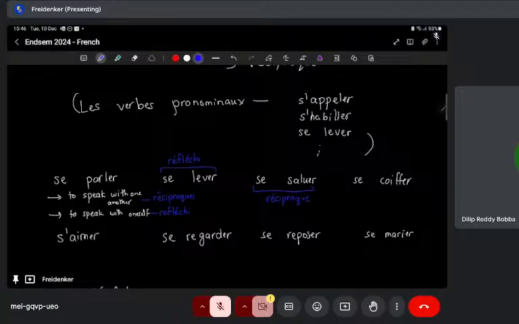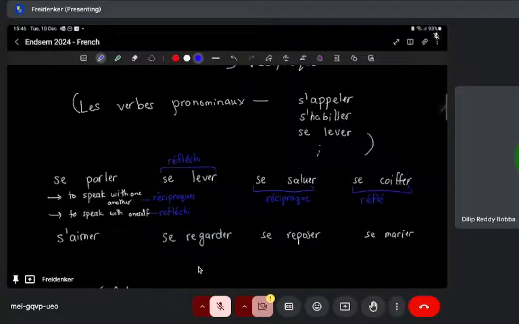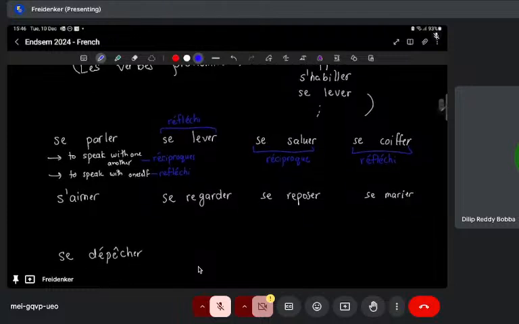Se coiffer. Coiffer is to comb. Se coiffer is to comb yourself. You're not combing someone else, so that would mean this is réfléchi. So that is the concept. S'aimer is to love each other. You're not loving yourself. If that is the meaning, then it will be réfléchi, or else the meaning will be réciproque. Se regarder means to watch oneself.